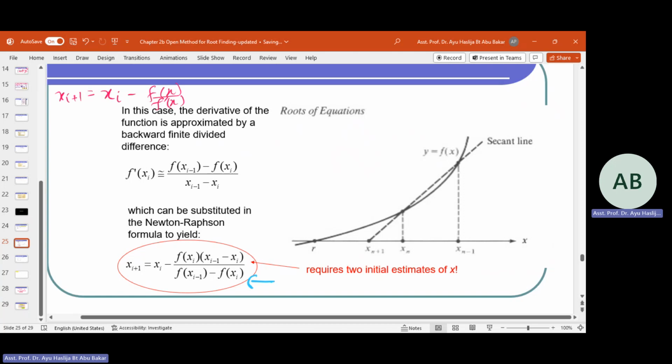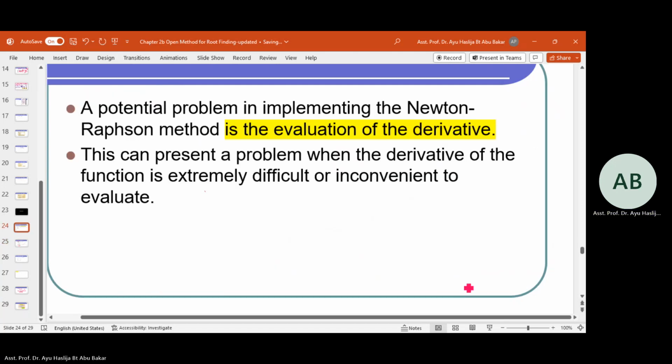Secant method, the assumption is about the evaluation of the derivative for Newton-Raphson, the differentiation part. If you are given a complicated equation, a complex equation, it will be quite hard for you to derive it, to differentiate it. It is extremely difficult or inconvenient to evaluate analytically for the differentiation part.